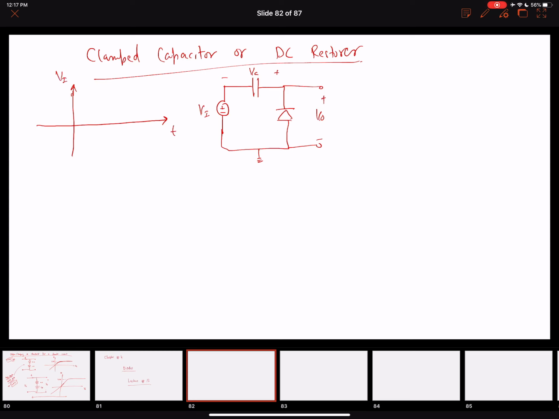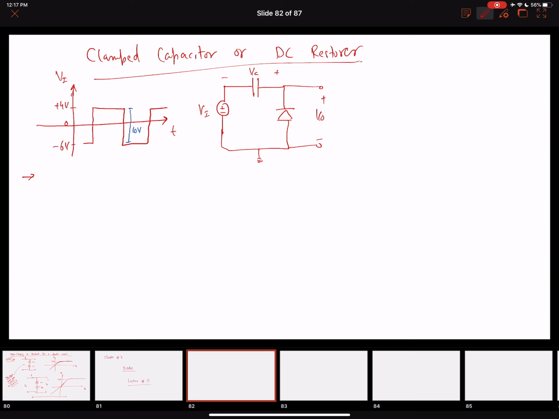Let's assume the input voltage goes between minus 6 volts, 0, and plus 4 volts, and this region over here is 10 volts.